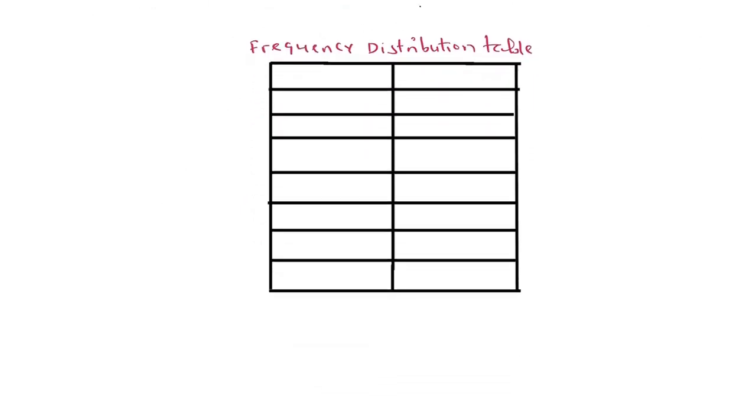The table will have a column for the class interval and for the frequencies. So we start with the grouping given. So here we have 20 to 29, 30 to 39, 40 to 49, 50 to 59, 60 to 69, and 70 to 79.